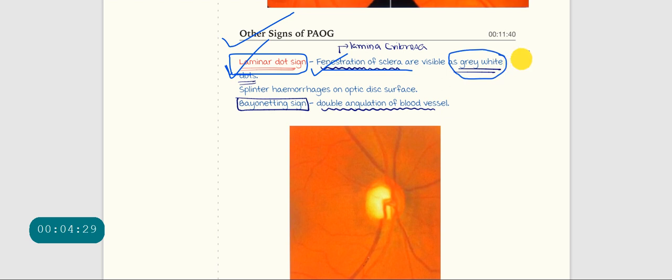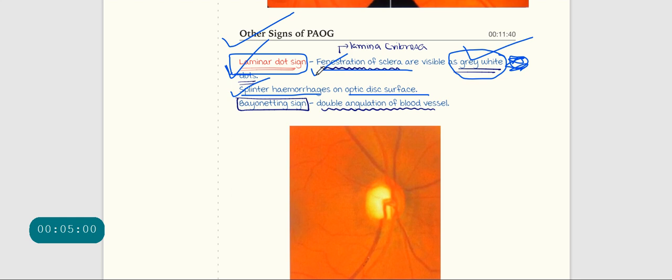Okay, so on the sclera the person will be seeing grayish whitish dots, because there are fenestrations on the sclera. Okay, now splinter hemorrhages are seen on the optic disc surface. Okay, so first there were fenestrations on the sclera, the second you can see splinter hemorrhages on the optic disc surface.